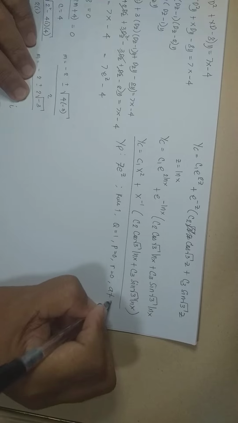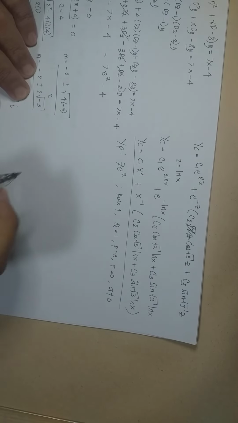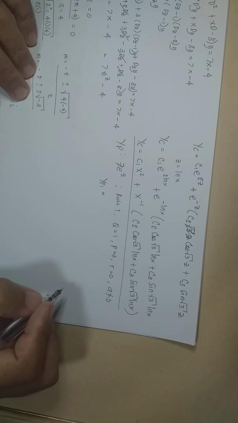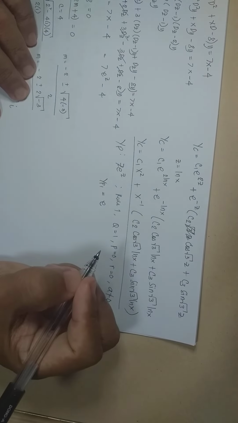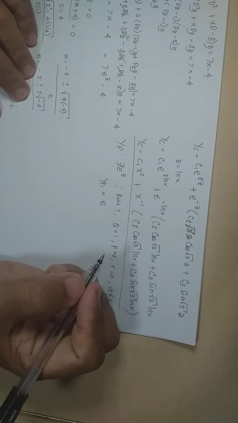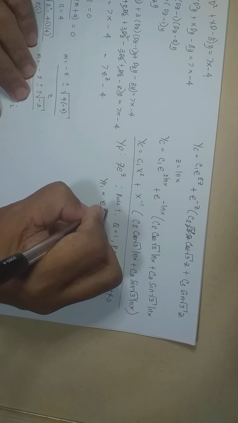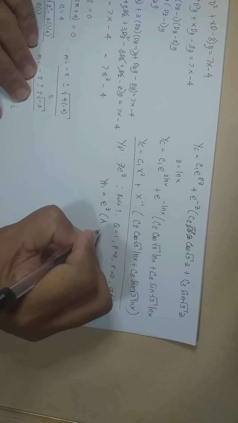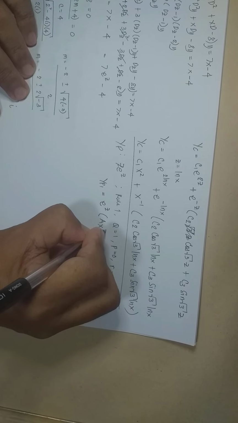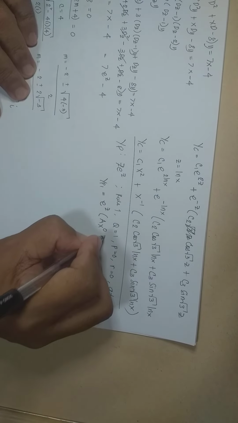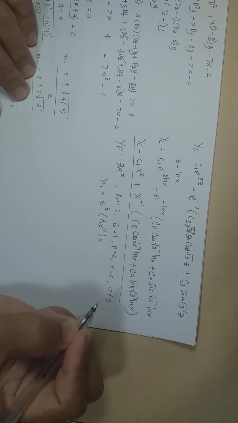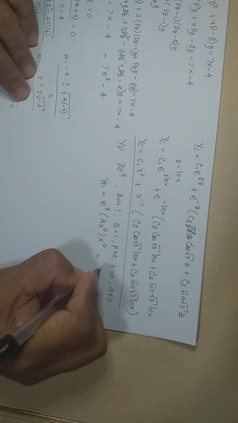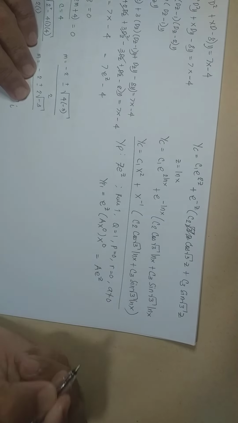Your a is not equal to 0. So we have yp1 is equal to e to the qx, or e to the z times a x raised to p, that is 0, plus x raised to r, that is 0, or yp1 is equal to a e to the z.